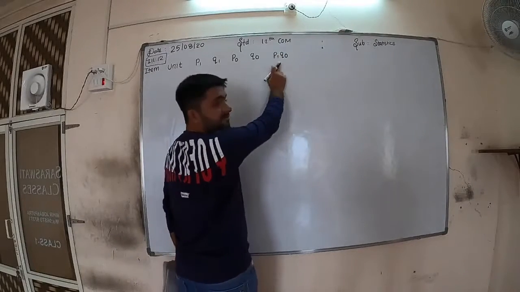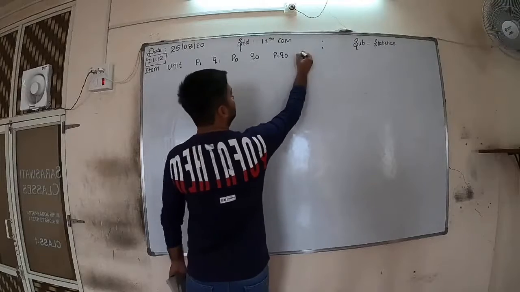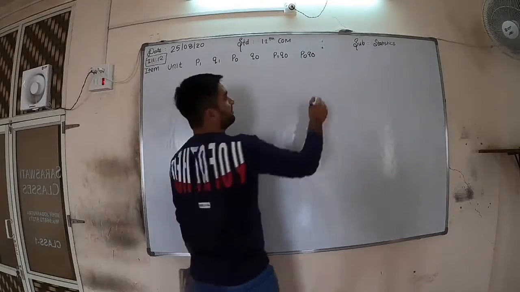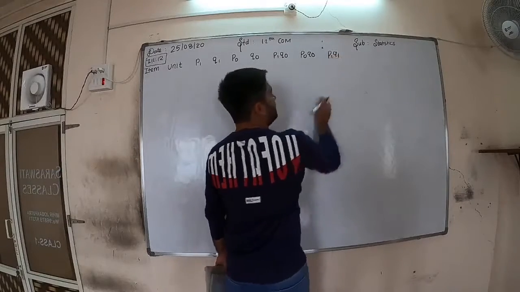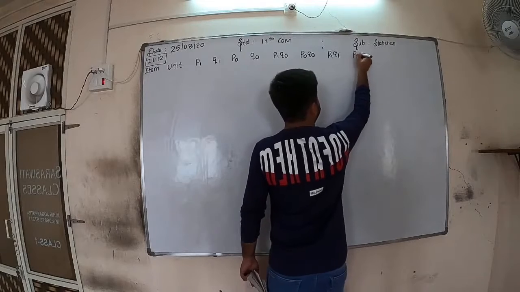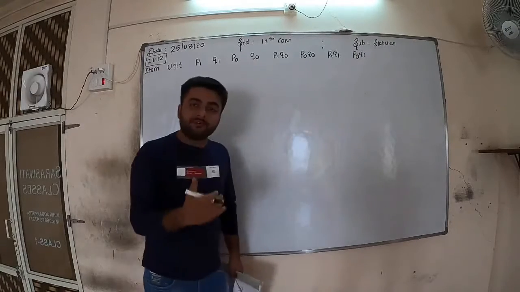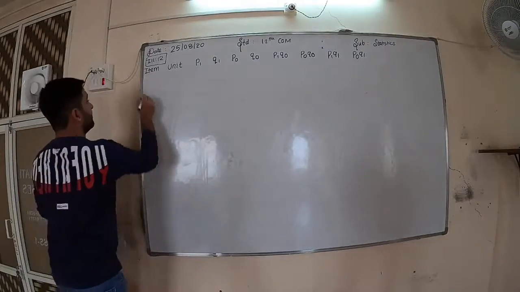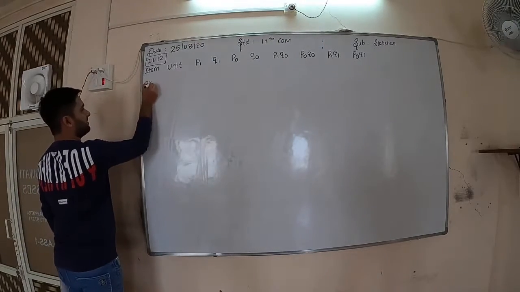P1 Q0, which is used in numerator of Laspeyres, P0 Q0 denominator of Laspeyres, P1 Q1 numerator of Paasche, and P0 Q1 denominator of Paasche. Okay, first I will write the name of items.